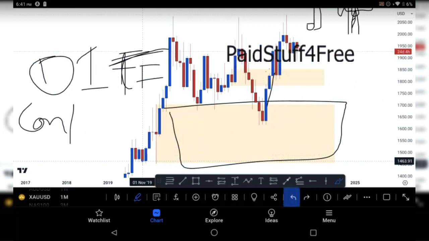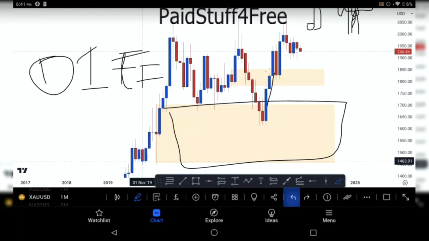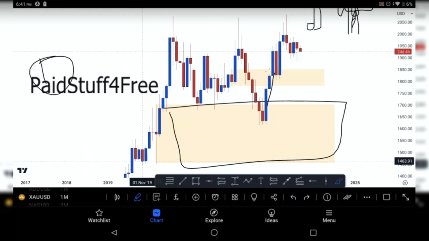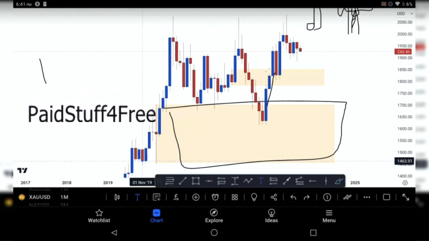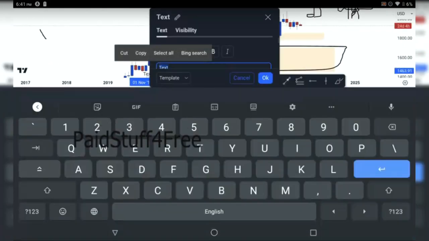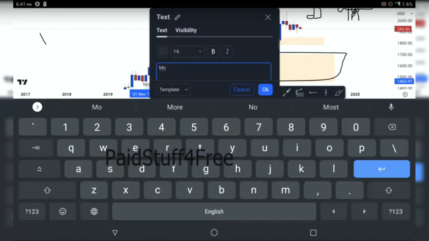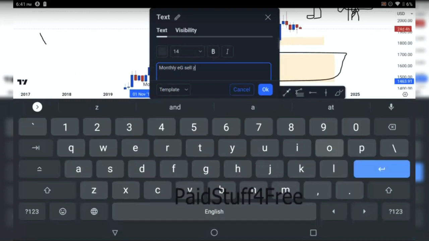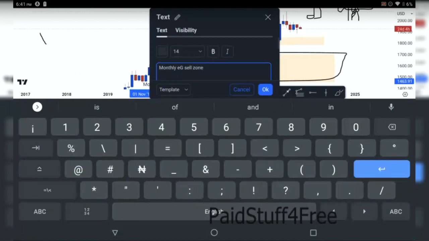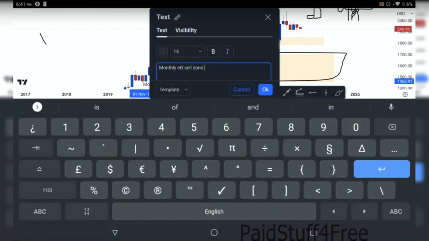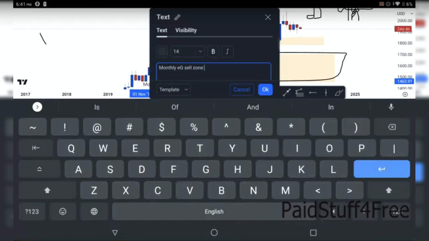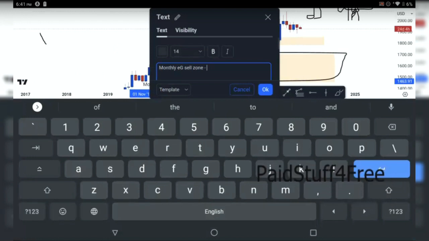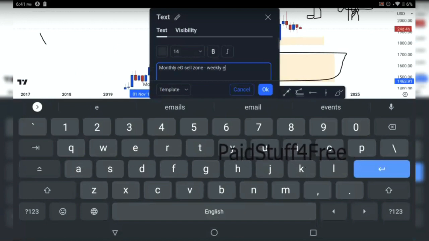So now, if you go down, this is a monthly time frame. Let me type this out for you guys. And I think you should actually write it down. Monthly EG sell zone, right? I need to see a weekly EG sell.